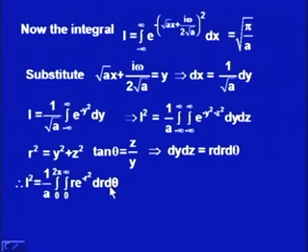Let us first evaluate this simple integral with respect to a constant. What will it give me? It will give only 2 pi. So, we got 2 pi upon a times the integral from 0 to infinity of r e to the power minus r square dr.